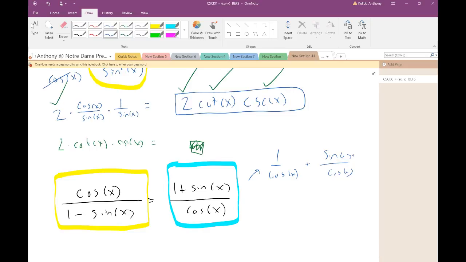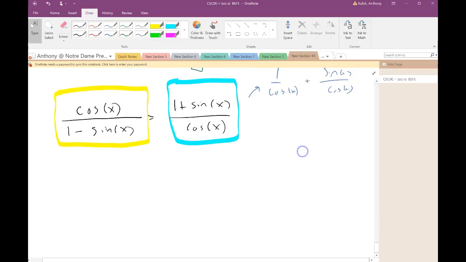We can't do that when the addition and subtraction is in the denominator. For that one, there's no way you can break it apart. You guys kind of okay with that idea? So that's why I'm going to work on the yellow side first. Everybody's all right with that idea?